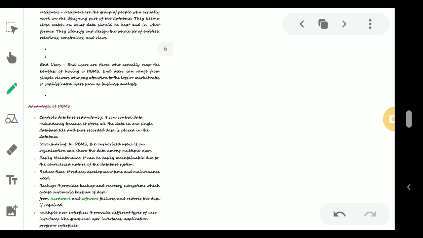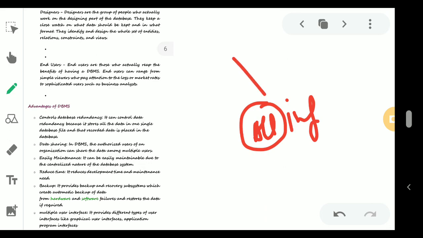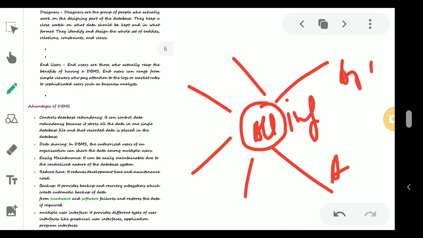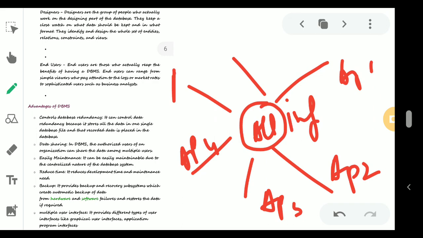Whenever the user runs a query, the DBMS gets the data from the central DBMS. Since a particular data item is stored in a single place, storage space is saved. Because it is a central server, all our information is stored here and distributed among the various application programs, AP1, AP2, AP3, AP4, AP5, AP6. These are the application programs and this is the central database.